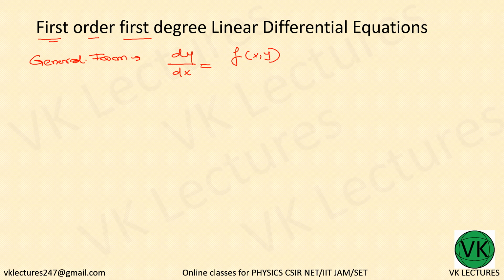Or you can also write it as M of x comma y divided by N of x comma y. In general form you can write either f of x comma y or M of x comma y divided by N of x comma y.